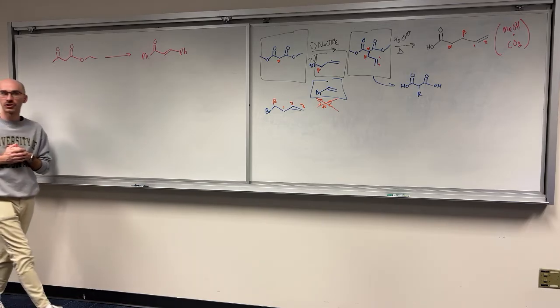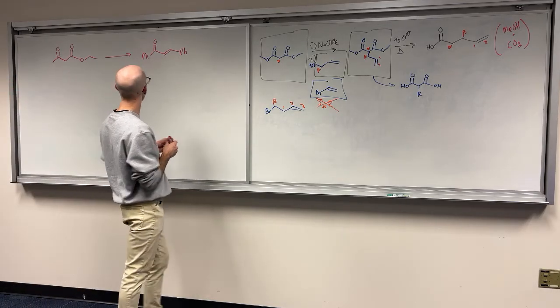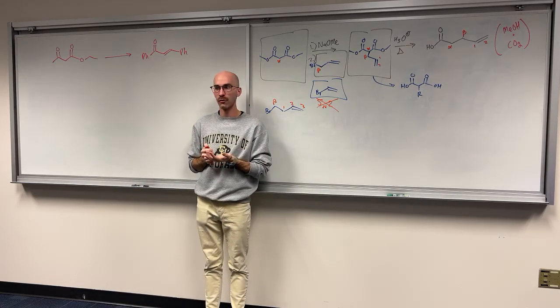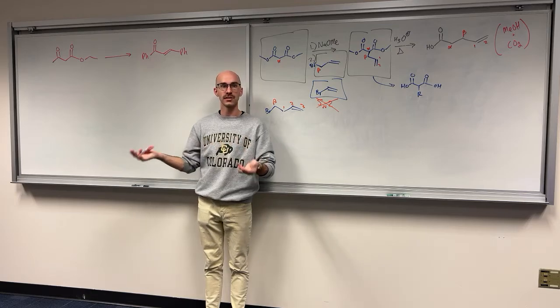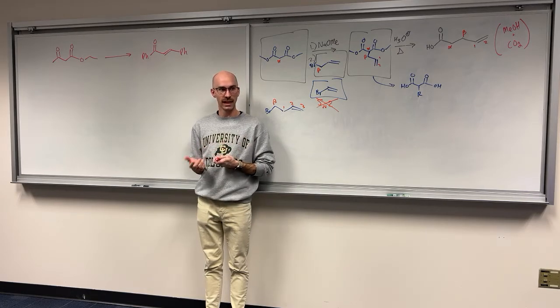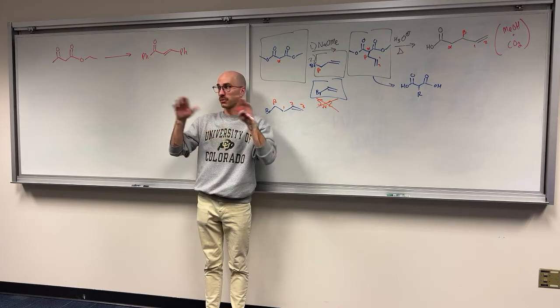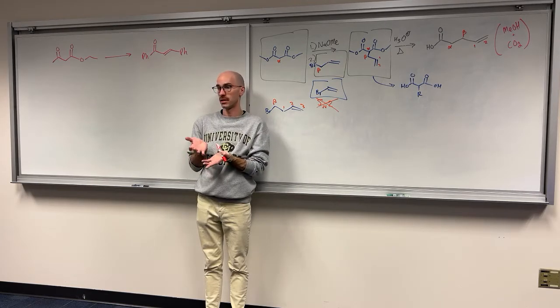You're allowed to use any number of carbons in reagents that you add. You're allowed to use inorganic reagents. I will tell you that you're keeping it to reactions in this unit.